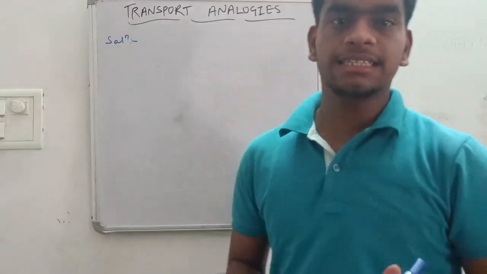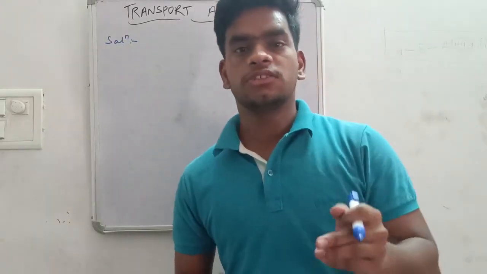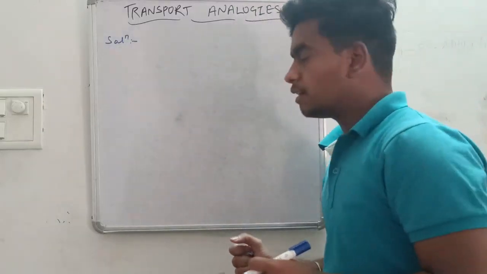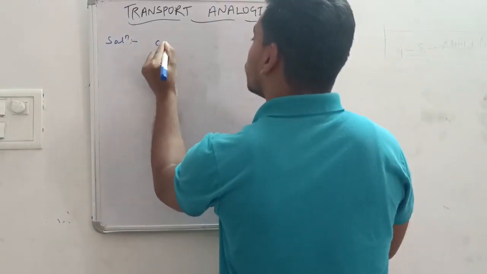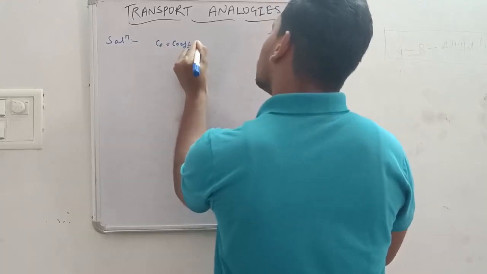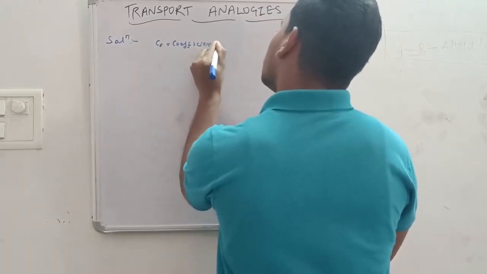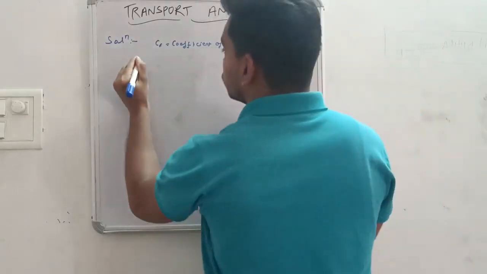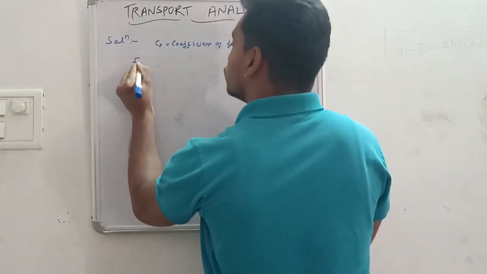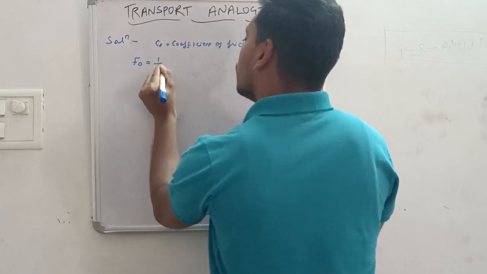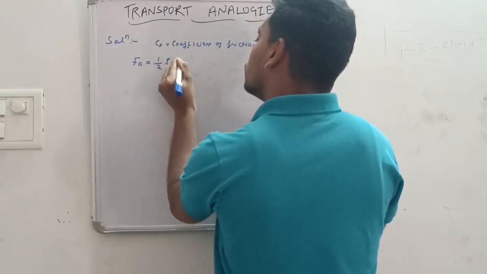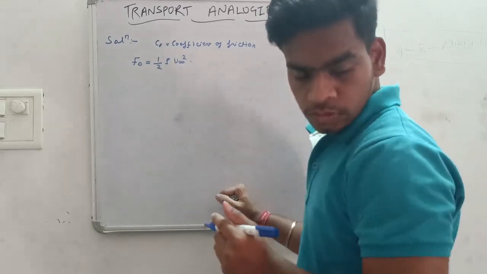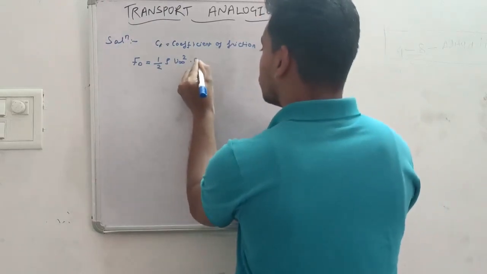Solution. So now we will discuss how we'll proceed in this solution. So firstly we need to calculate CF, coefficient of friction. For that we will use the formula of drag force, which we know is half rho u infinity square into CF into area.